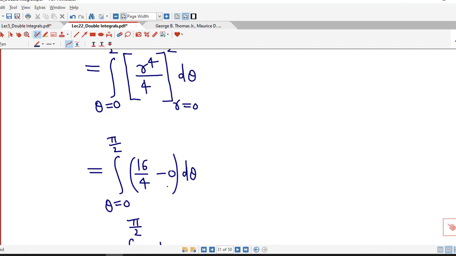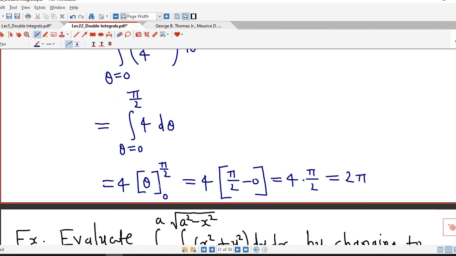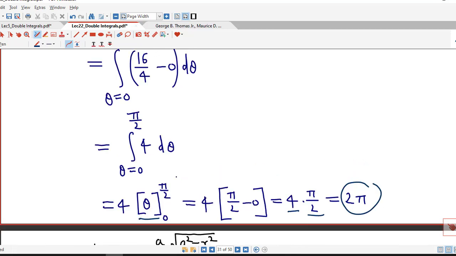So 16 by 4 is 4, so we have 4 d theta. 4 is constant, integral of d theta is theta, and limits of theta are from 0 to pi by 2. So after putting limits, we have 4 times pi by 2 minus 0, that is 4 times pi by 2, which is equal to 2 pi.